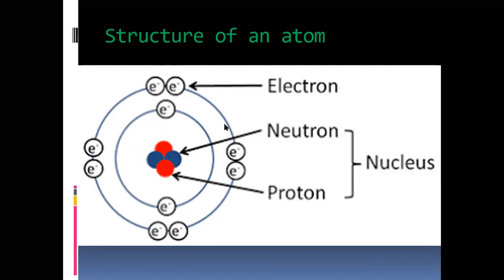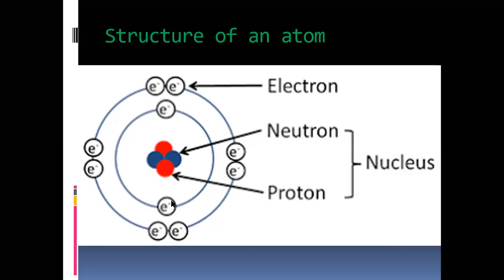That is the rule of the atomic structure pattern. First orbit, only 2 electrons. Second orbit, up to 8 electrons: 1, 2, 3, 4, 5, 6, 7, 8. If there are more than these, those electrons go outside.